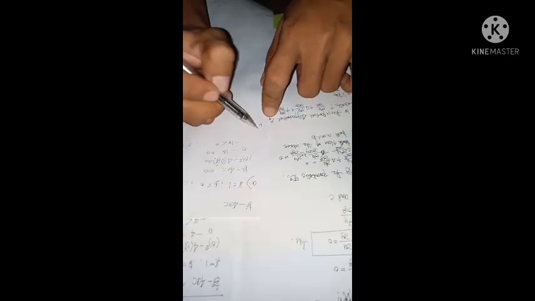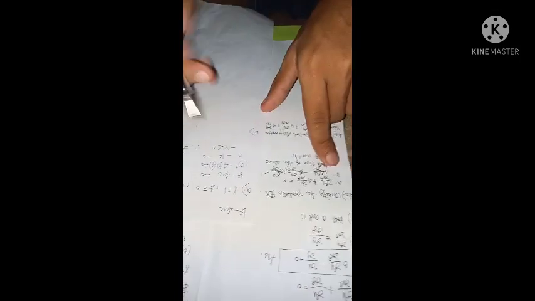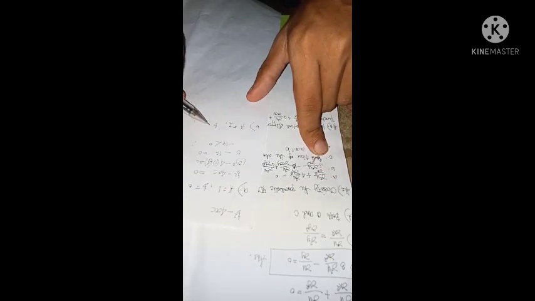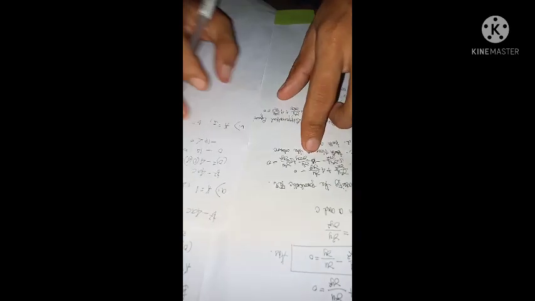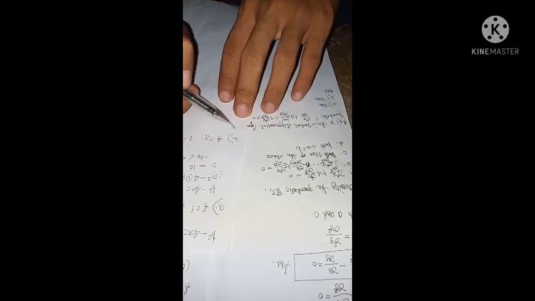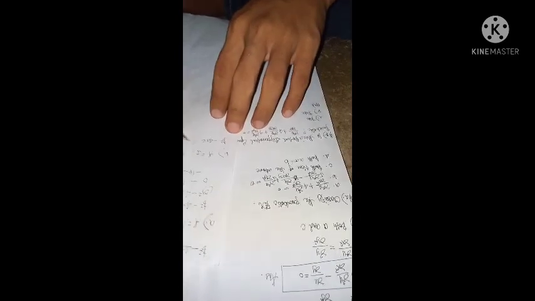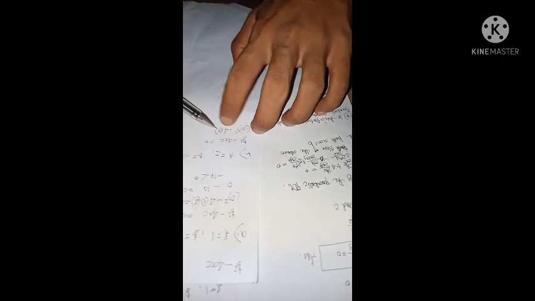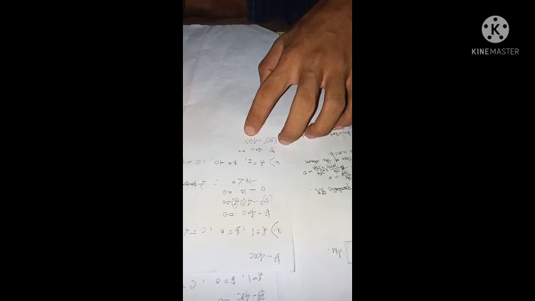So letter B. A here is 5, B here is negative 10, and C here is 5. So b squared minus 4ac is equal to 0. So negative 10 squared minus 4 times A which is 5 and C which is 5 also.